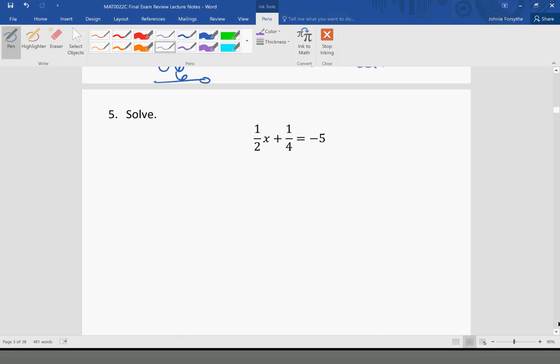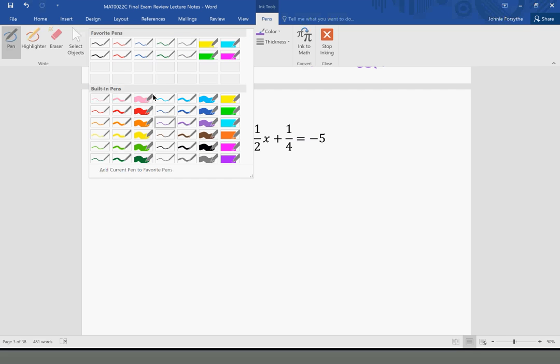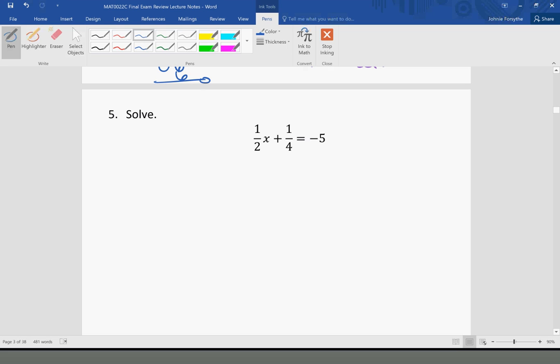Okay, let's keep going. Number 5, solve 1/2 x plus 1/4 equals -5. Now here, I would definitely clear the fractions by multiplying the entire thing by a common multiple. So you've got 2 and 4. So you could multiply everything by 2 times 4, and you would get rid of those fractions.